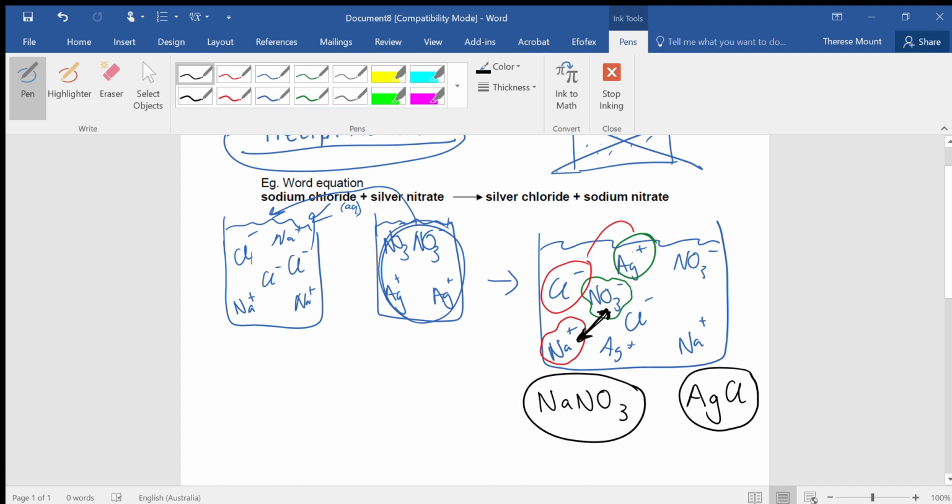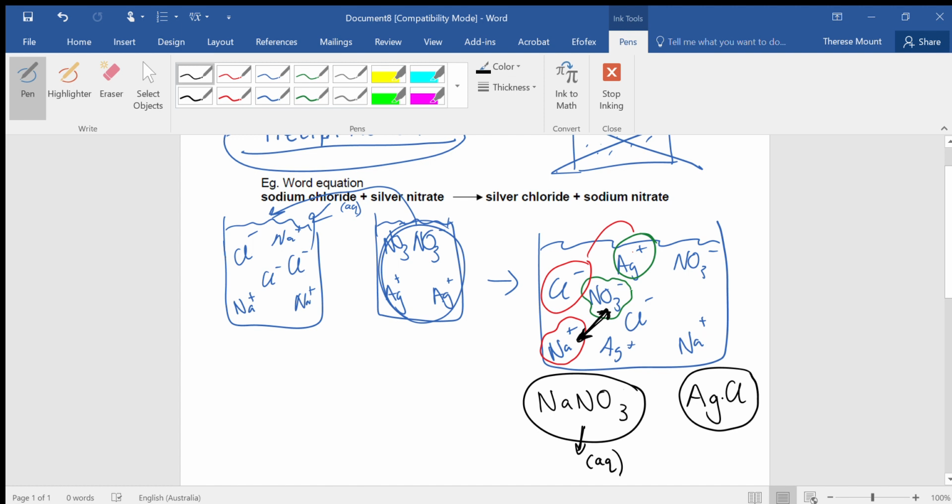All right, now the reason why I'm talking about this is that when one of these isn't soluble in water, it actually forms a solid. So if we look at our solubility table, I can see that this one is actually soluble. So these two ions will stay floating around. They won't come together and form a solid.